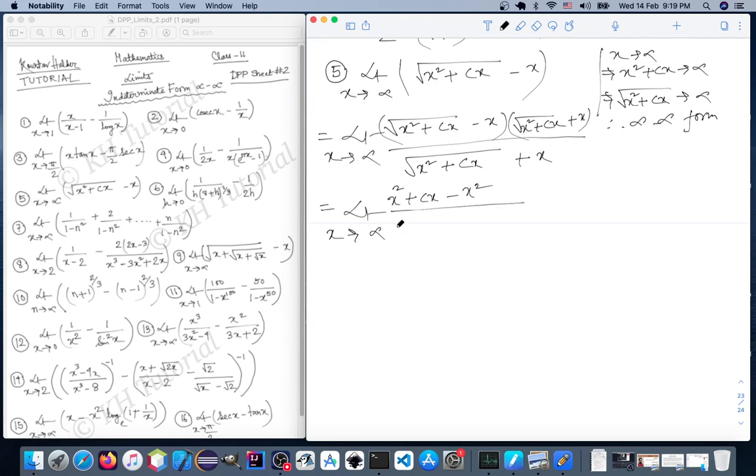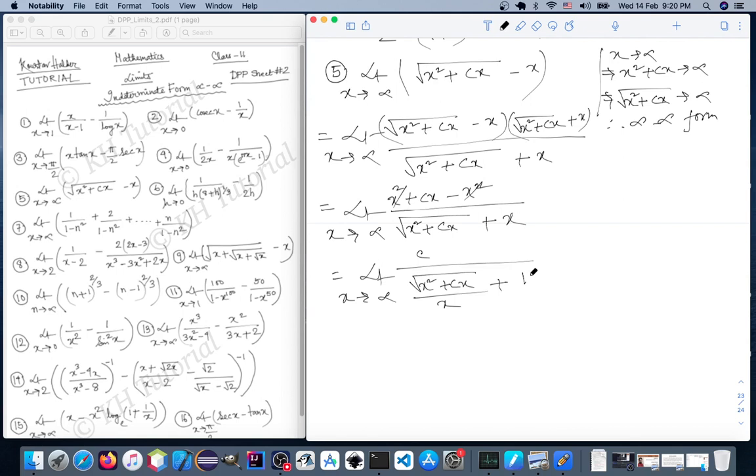And in the denominator we get root of x square plus cx plus x. X square cancels out and we are left with cx, as x tends to infinity. Let's bring the x from the numerator to the denominator. We get root of x square plus cx by x, and over here we get 1.